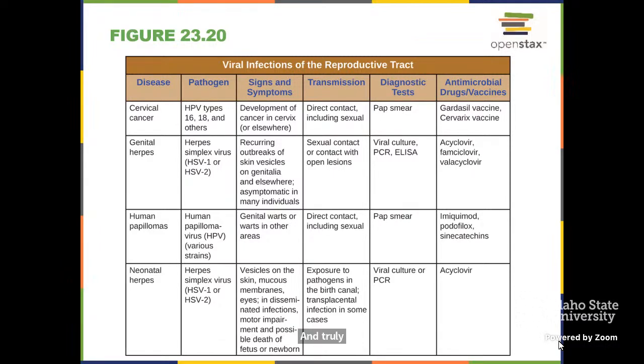HPV 16 and 18, there are a few others that may set the stage, but these are the two big ones for cervical cancer. Pap smears are important to help recognize this. So direct contact, sexual contact, lends to transmission, and there are some vaccines hopefully driving a wedge in the viral life cycle with these.